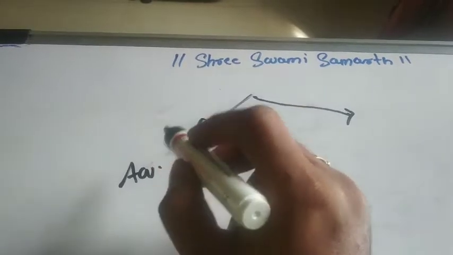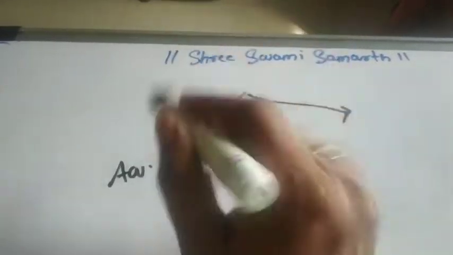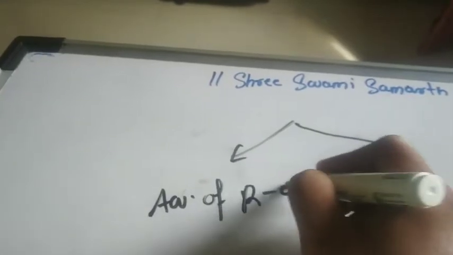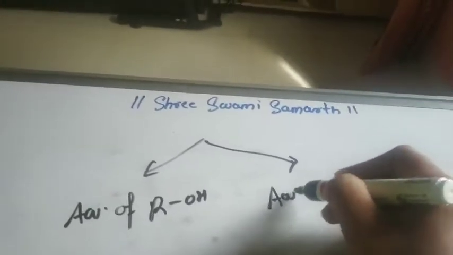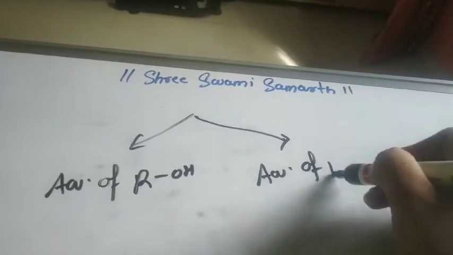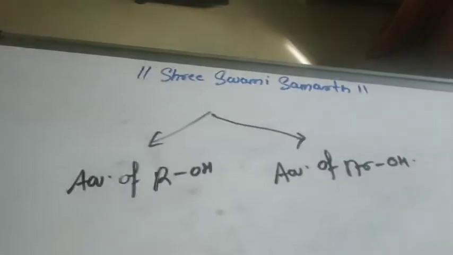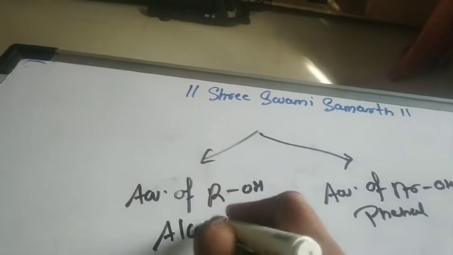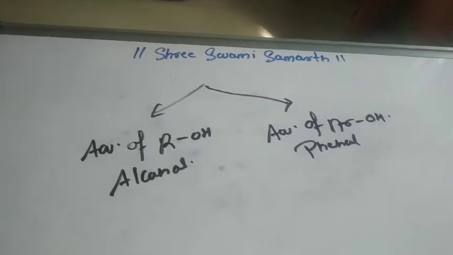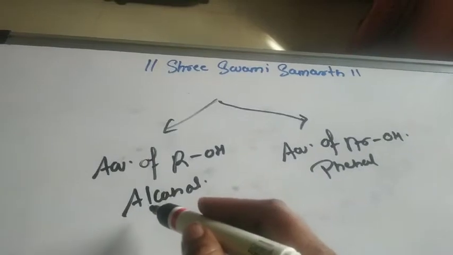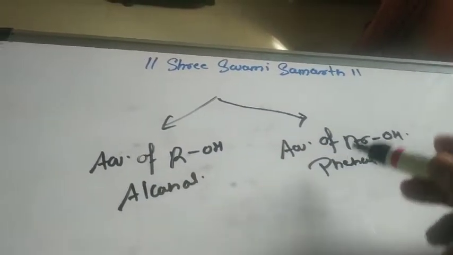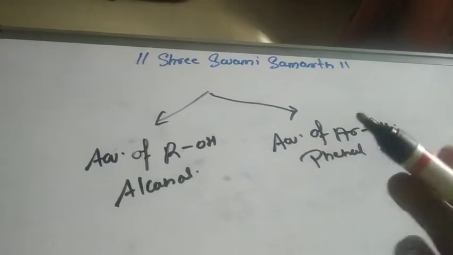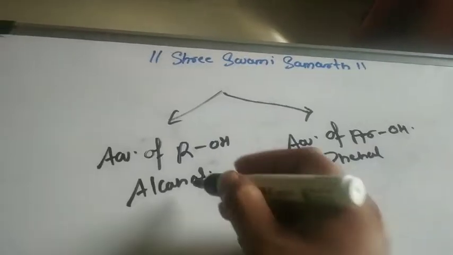Aqueous solution means the solution which we have put in water, so we have the aqueous solution of alcohol, and if we take the aqueous solution of phenol, so this is phenol and this is alcohol. See, in both the conditions, in the aqueous ROH and in the aqueous ArOH, we can see that the litmus paper will behave in a different way, right?